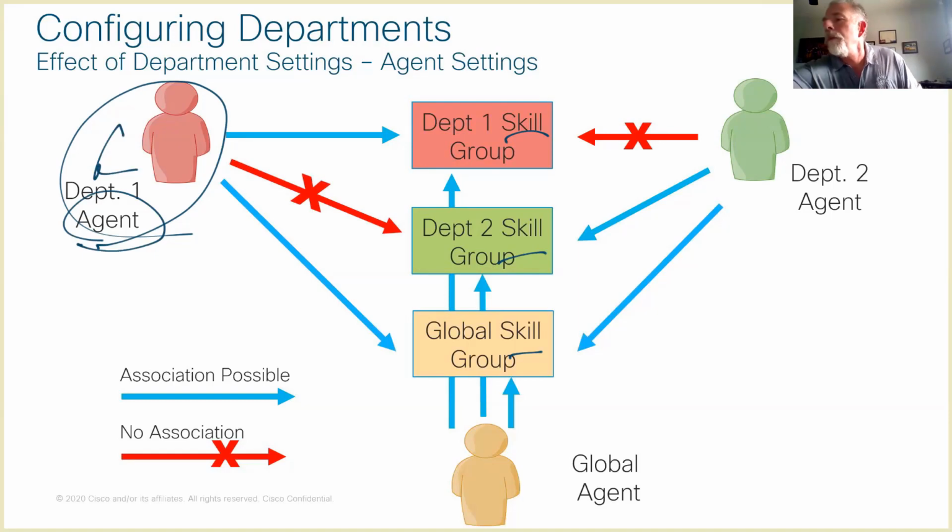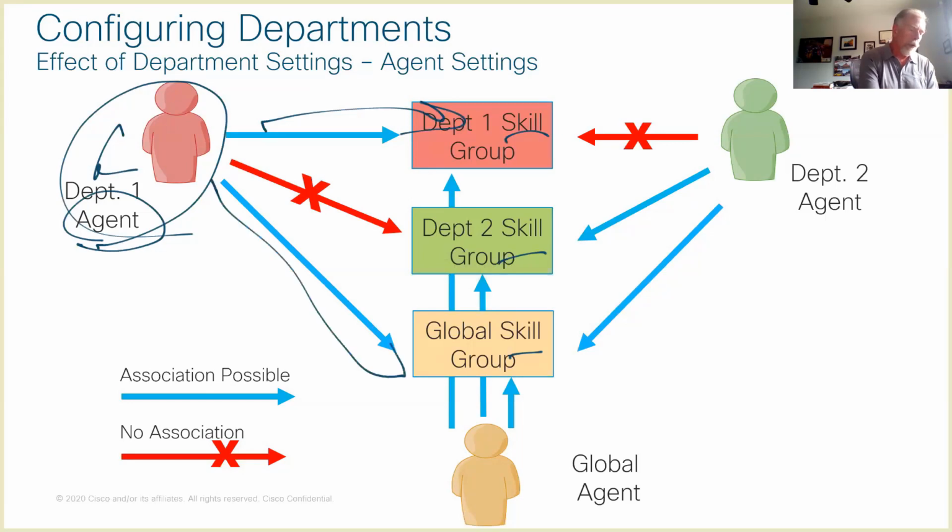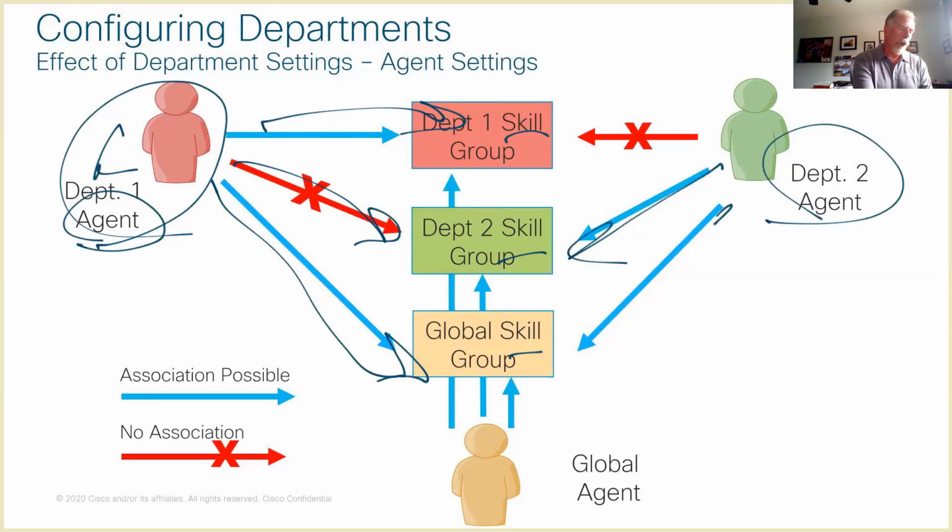I can put that agent certainly into a Department 1 skill group. I could put that agent into a global skill group, but I cannot add that agent to a skill group that's not in my same department. Same thing over here on the side. Department 2 agent can go in Department 2 or global skill groups, but not Department 1. Okay. That seems to make some sense.